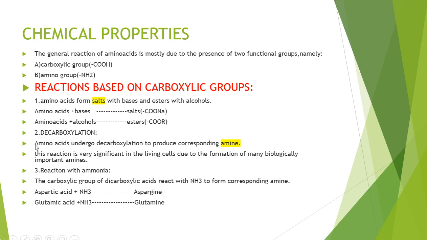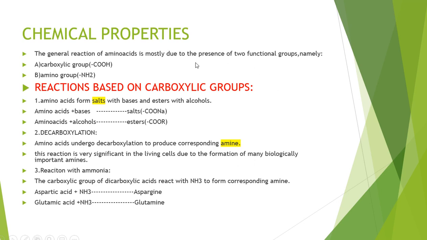Then coming to the second property, which is very important in the formation of biologically important amines: decarboxylation, that is, the removal of the carbon dioxide group, is called decarboxylation. Amino acids undergo decarboxylation to produce the corresponding amine.